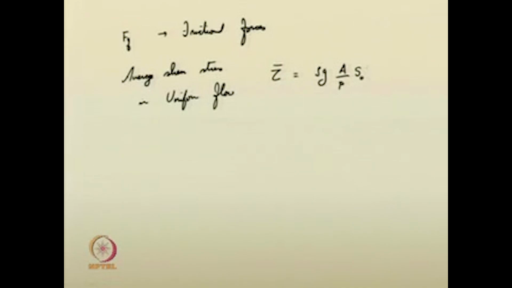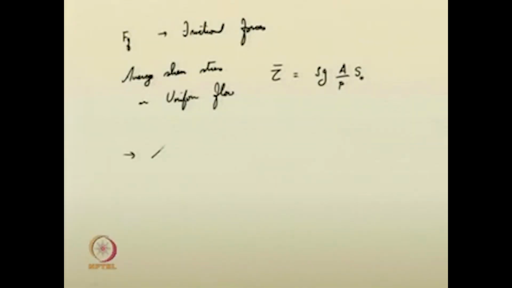Now, instead of the bed slope here in the non-uniform flow, or in the gradually varied flow, we will be using a new term called shear slope, and we will be incorporating it in the average shear stress equation. So, the average shear stress in the gradually varied flow can be given as rho g R S 2.